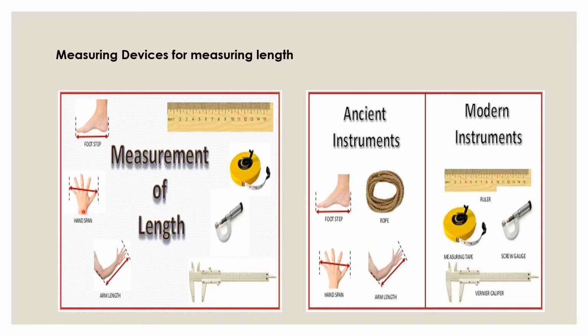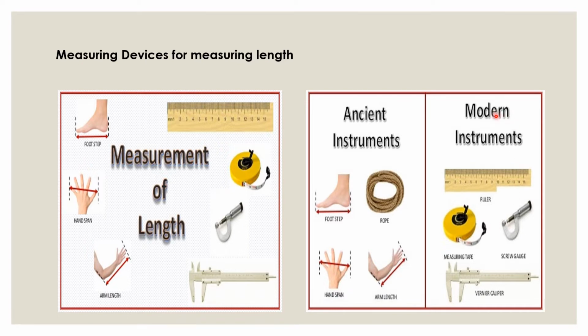Of course, we use the hand, the arm length, or the cubit. We have the caliper, and we have this also. Actually, from modern to the ancient. This is the ancient instrument, of course: we use the foot, the handspan, and the arm length.